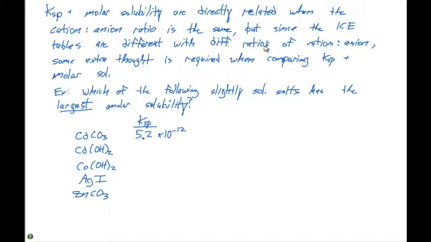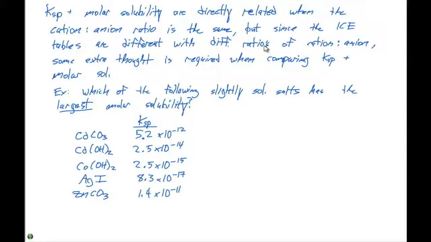For cadmium hydroxide, the KSP is 2.5 times 10 to the minus 14. For cobalt hydroxide, it's 2.5 times 10 to the minus 15. For silver iodide, it's 8.3 times 10 to the minus 17. And for zinc carbonate, it's 1.4 times 10 to the minus 11. So here are our 5 values for the KSP.